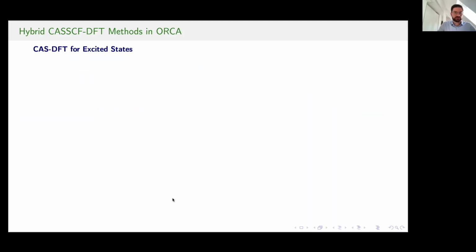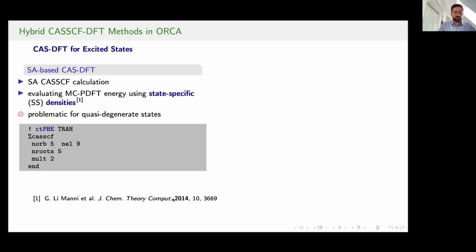These two methods, MCP-DFT and CAS-SCF short-range DFT, are also available for excited states. If you use MCP-DFT as an example, it's fairly easy to do an excited state calculation. First, you do a state-averaged CAS-SCF calculation, and then you evaluate the state-specific MCP-DFT energy using those state-specific densities.